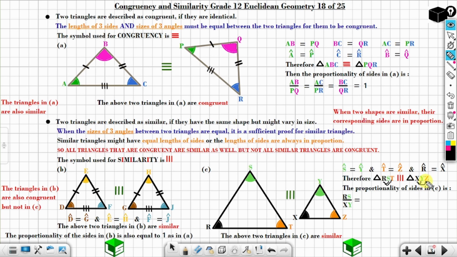This is equal to, now you are going to take first and third in this triangle over first and third in another triangle. Okay, so you have RT over XZ.